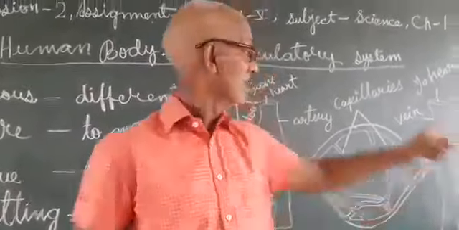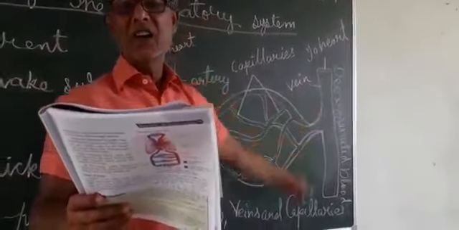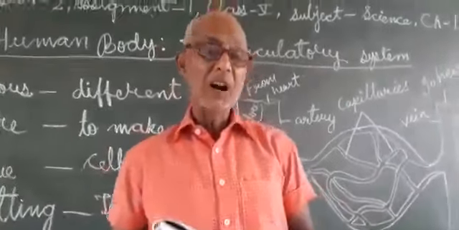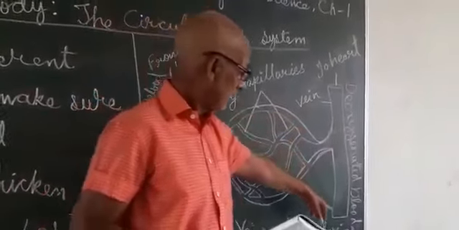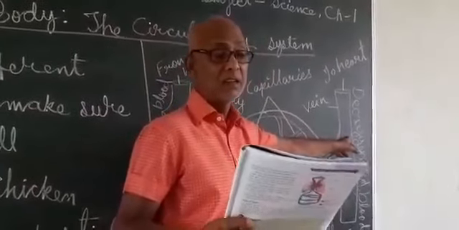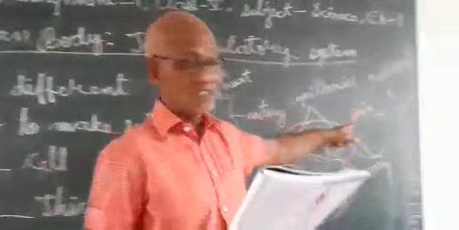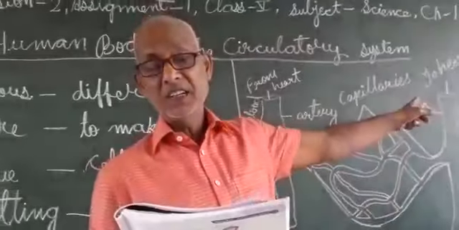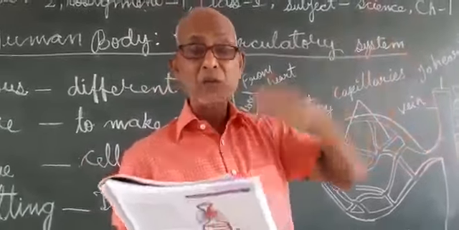Now veins, this side is for veins. Veins collect the carbon dioxide-rich or deoxygenated blood, means impure blood, from different organs and bring it back to the heart. You can see in this diagram the vein bringing it back to the heart.